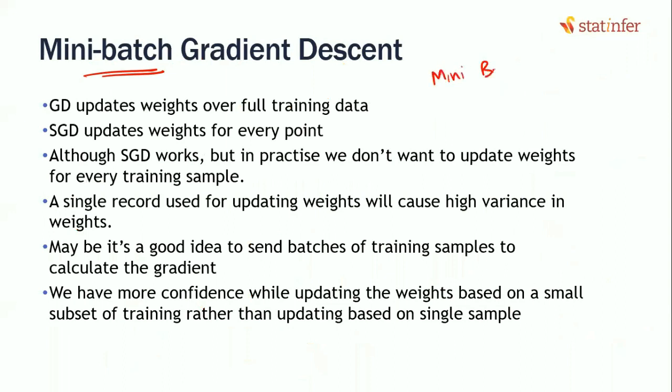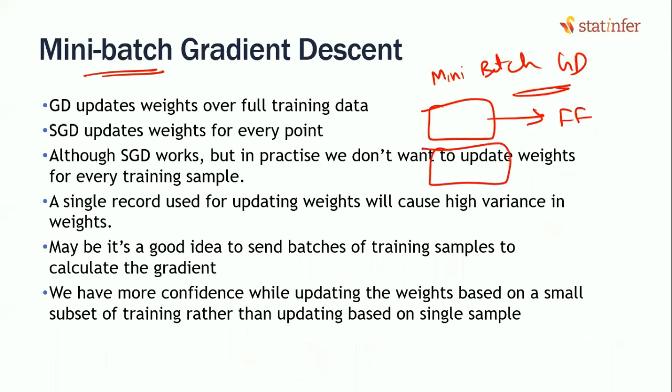Do you understand what mini batch gradient descent is? Sending a batch of records and then doing the feed forward. Sending the next batch: feed forward, back propagation, error updating, and then weight updating, batch by batch.